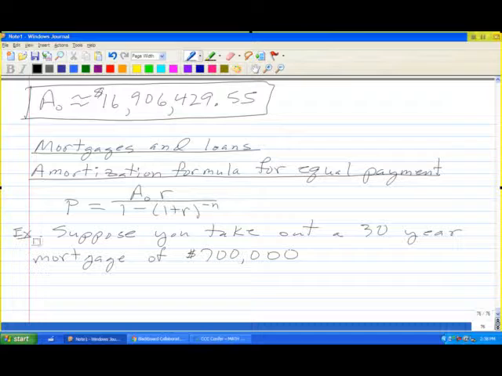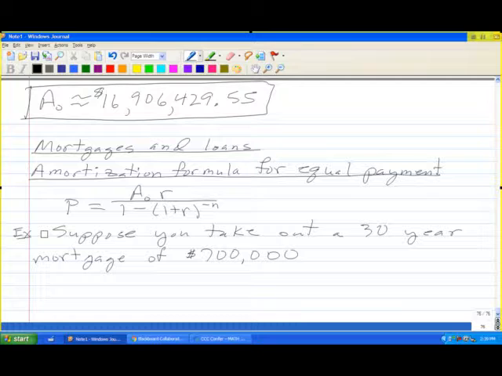So you're trying to buy a house in Los Angeles, California, and you're able to put down a down payment, maybe $150,000, but you still have $700,000 that you're not able to pay off. So you get a loan.